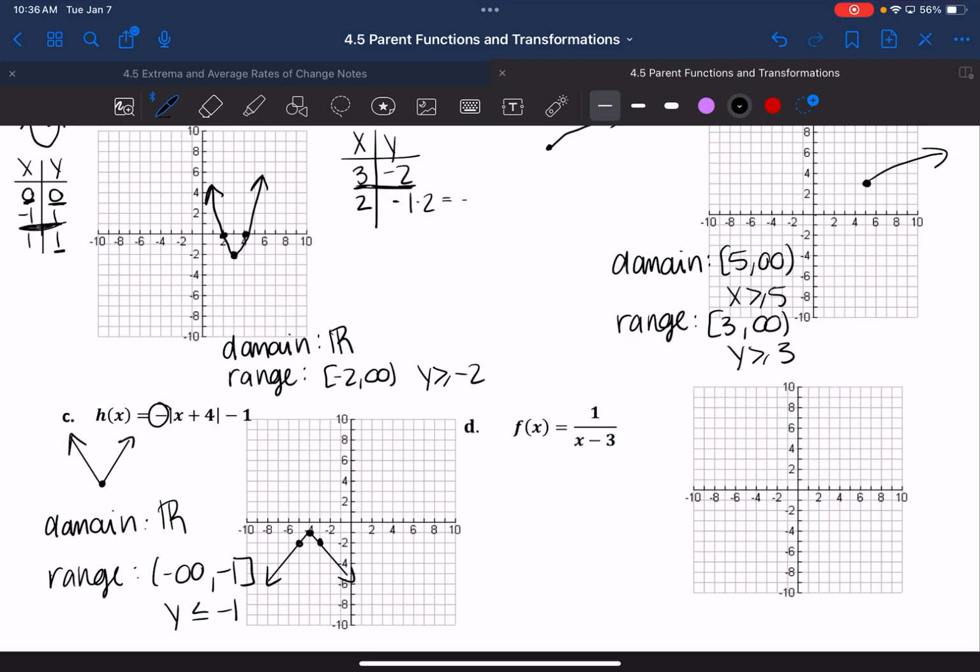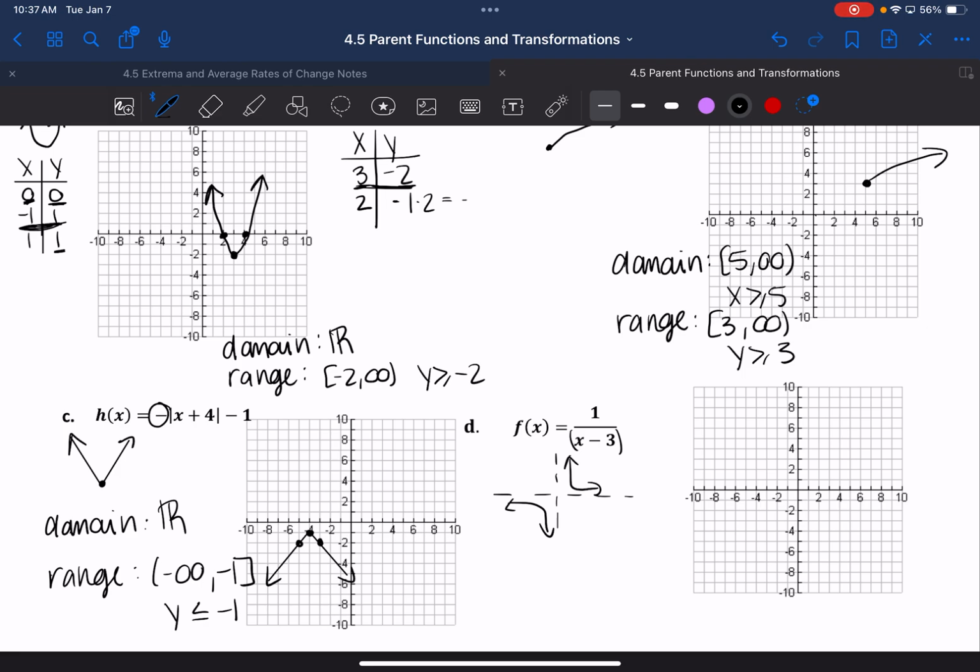So normally we have a vertical asymptote at 0 for this one, right? We normally have something like this on the x-axis, on the y-axis, something like this on the x-axis. So it normally looks like this, right? But here we have something with the x, right? So it tells us to pick up our whole function and move it to the right 3.